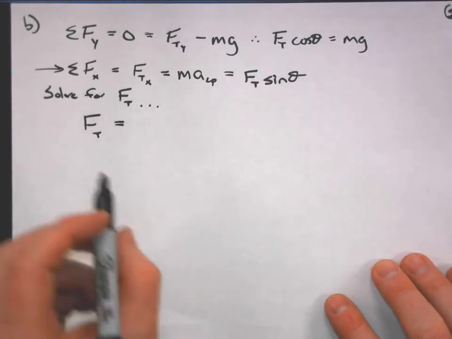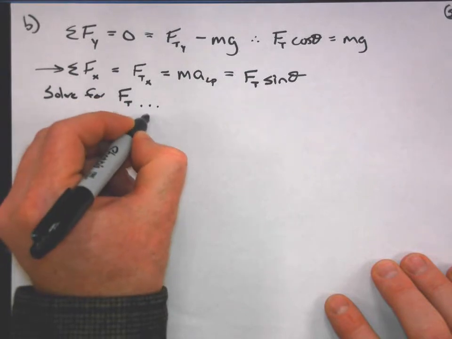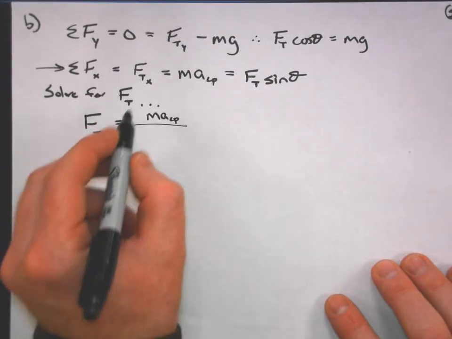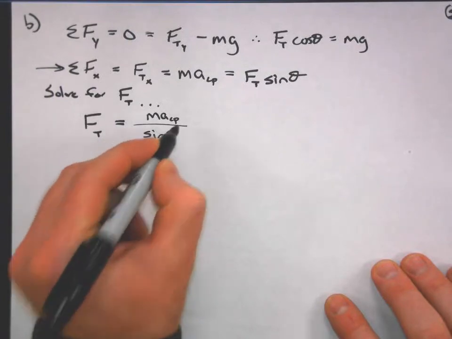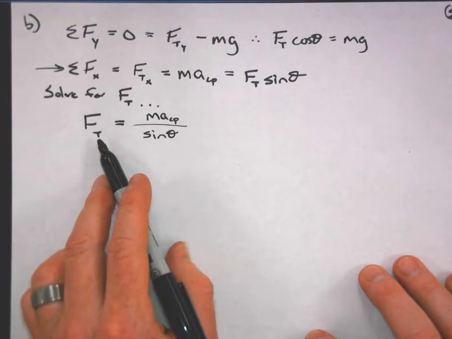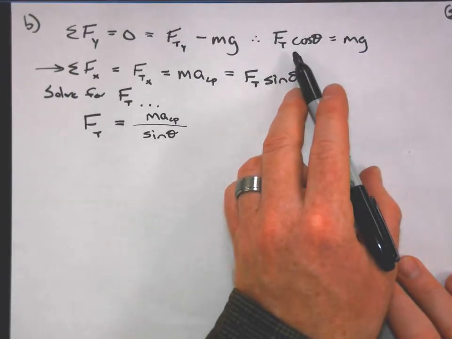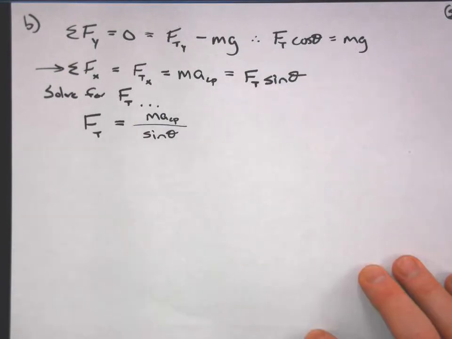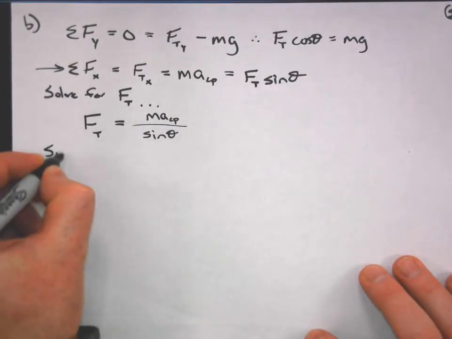What you end up with is mass times centripetal acceleration divided by sine of theta. All right, now I have this unknown in this equation also. So what if I just did a substitution here into that one? And let's see what results.